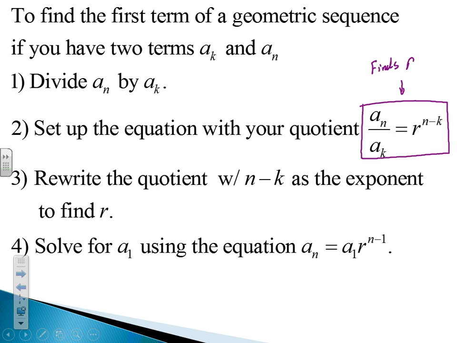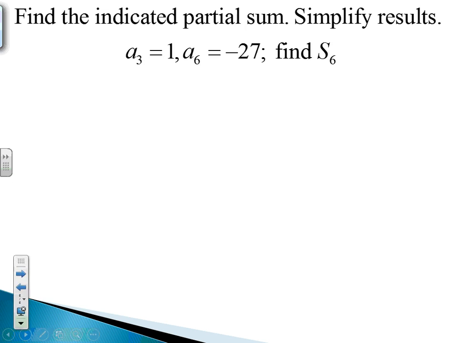And this obviously right here, the rule for a general geometric sequence, we'll use that to find the first term. And from those 2 things, finding this first term, finding the common ratio, that's what we'll use to find the sum of however many terms that we're taking.